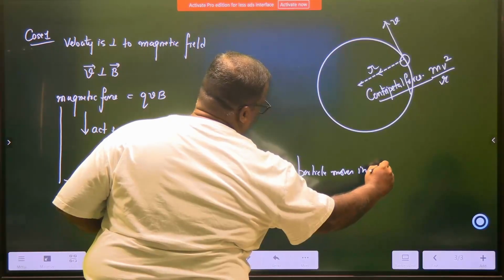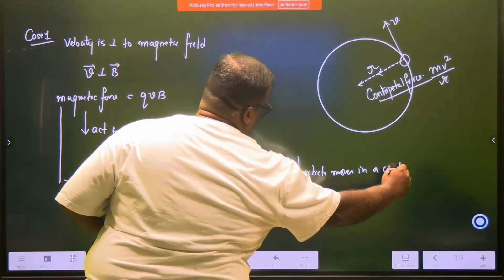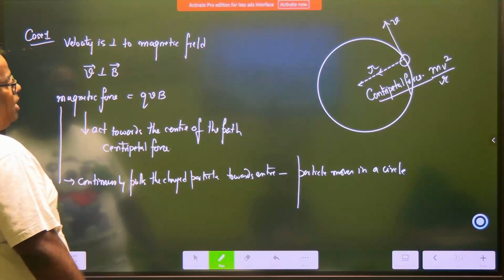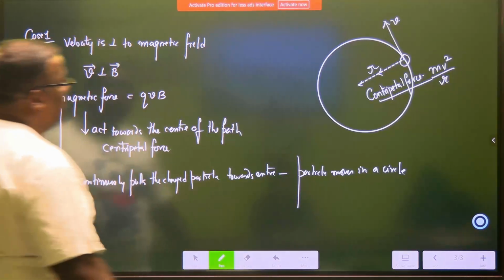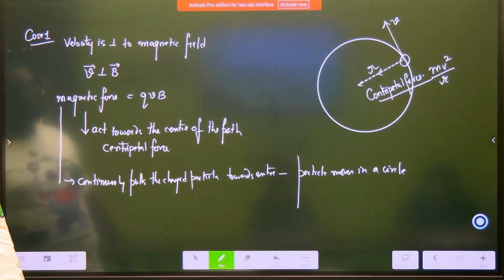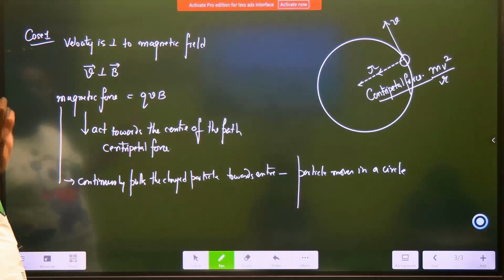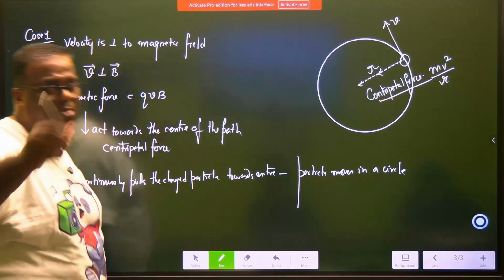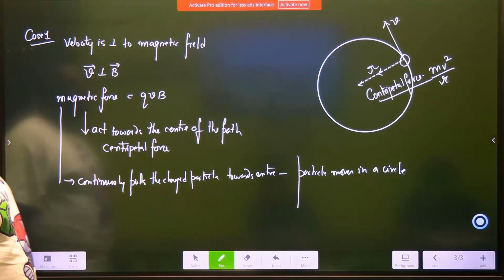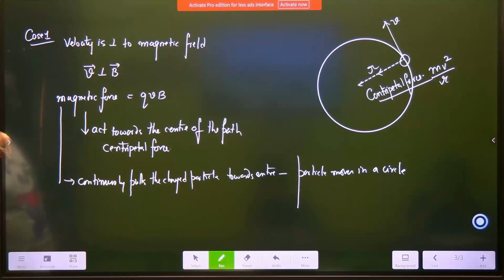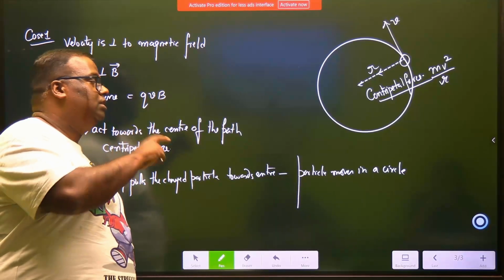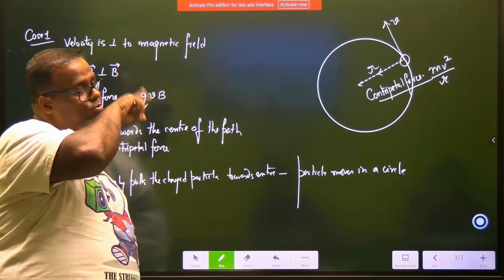in a circle. Now please remember, you are seeing a very special case where the velocity is perpendicular to the magnetic field. The velocity need not always be perpendicular to the magnetic field. In normal cases, velocity will be at an angle to the magnetic field. But if it is perpendicular, then this object will always be moving in a circle.